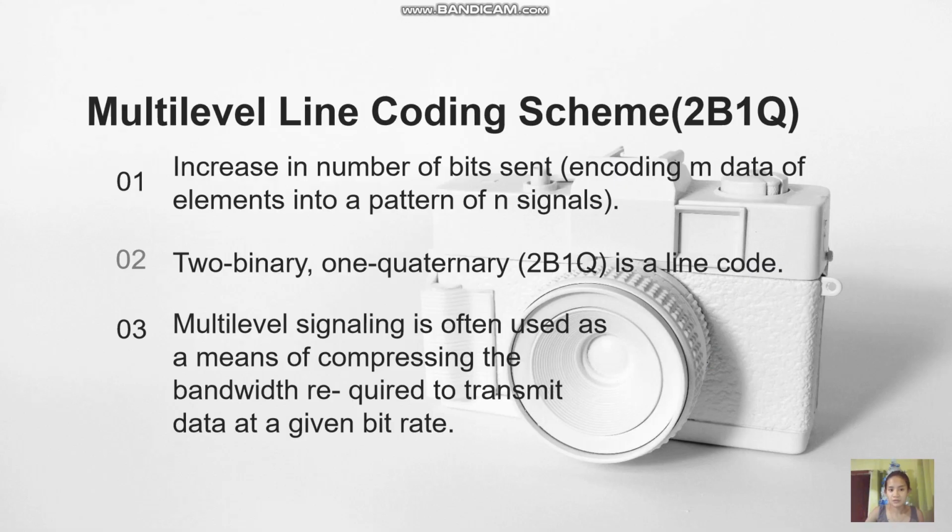Now I have here the definition of the multi-level line coding scheme 2B1Q. For multi-level, it's an increase in the number of bits sent, or we can also define that as an increase in speed of transition.